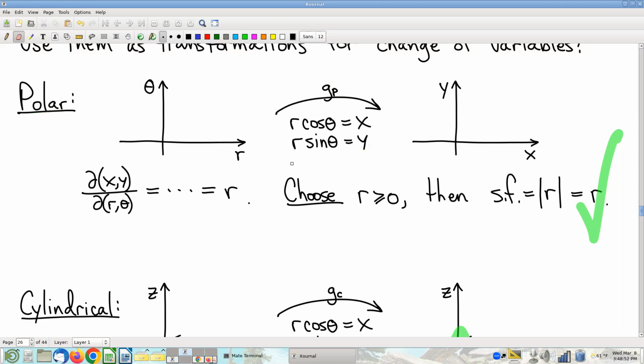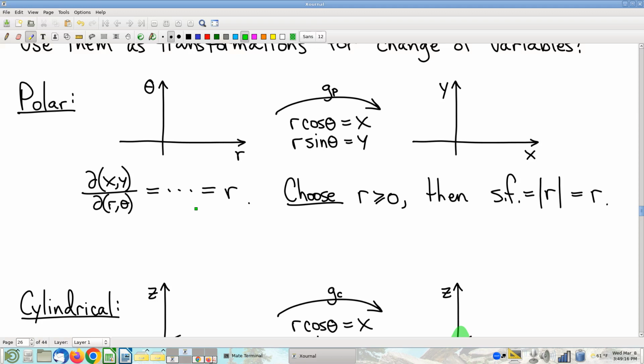And by the way, you don't have to show this calculation. You should do it once. Everybody should do it once. But on an exam, unlikely, but conceivably, I might ask a question that says, derive the polar coordinate stretching factor or something like that, in which case you'd have to show your work.